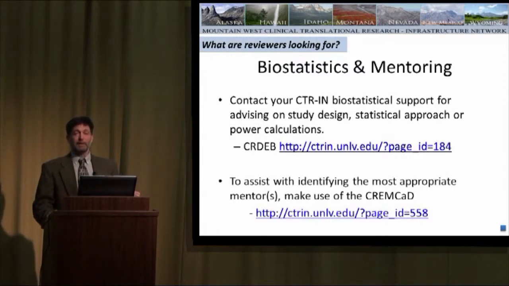And as I mentioned already, the education and mentoring core is essential for helping to identify the best mentor to help a prospective pilot grant applicant. You see here a link to follow that can offer some tools to help identify an appropriate mentor for a researcher.